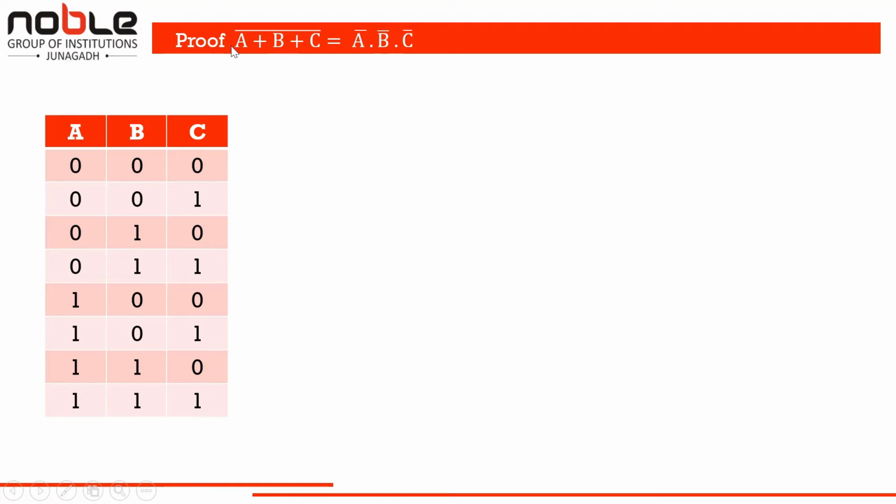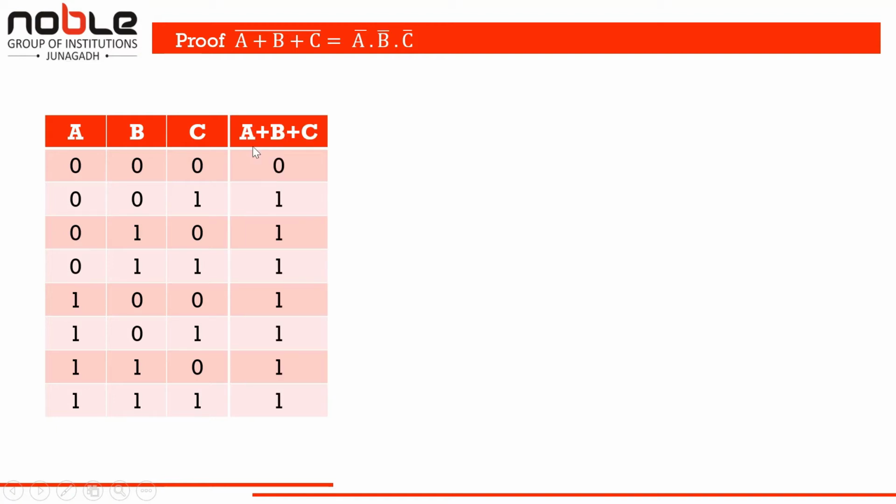From the equation, we have to take the summation of these three, A, B and C. So now put the summation A plus B plus C. From these three individual values, the value of A plus B plus C in the table is 0, 1, 1, 1, 1, 1, 1, 1. Now we have to get the result (A plus B plus C) whole bar.